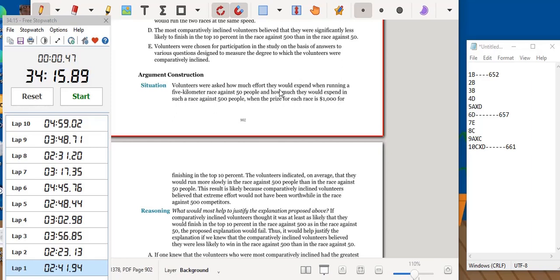If comparatively inclined volunteers thought it was at least as likely they would finish in the top 10% in the race against 500 as in the race against 50, the proposed explanation would fail.